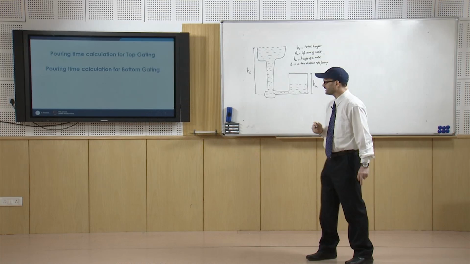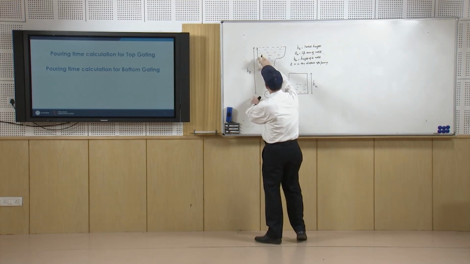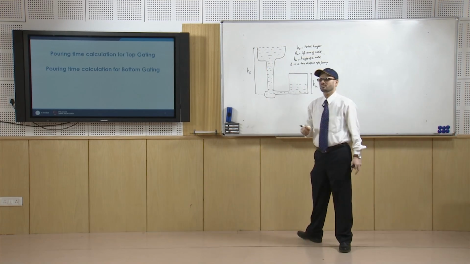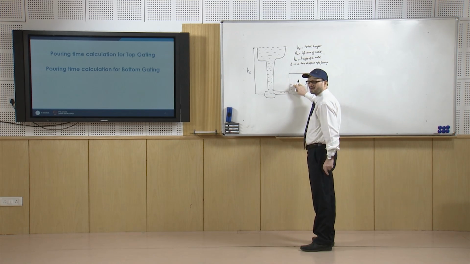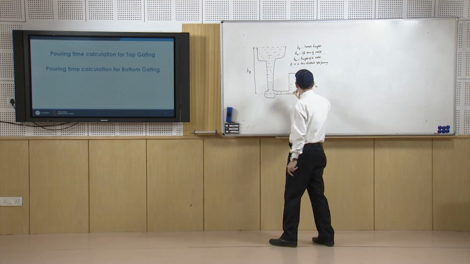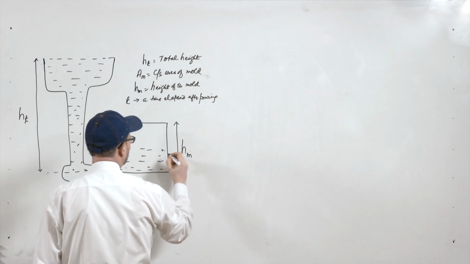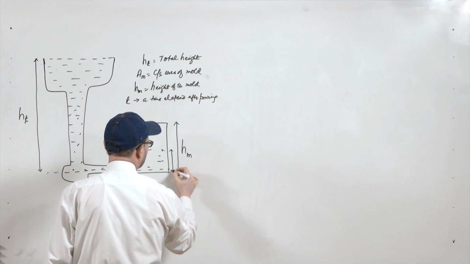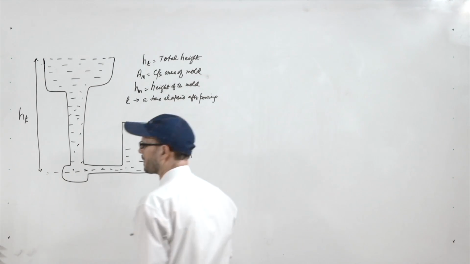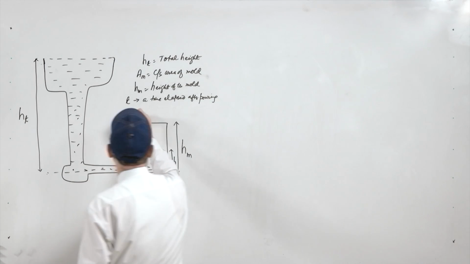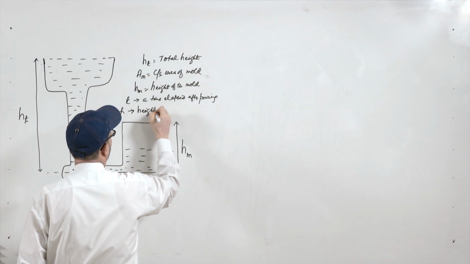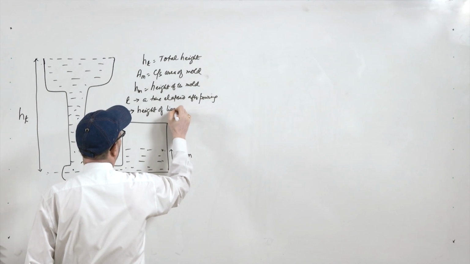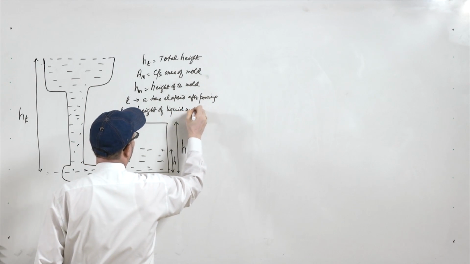Initially you have a head available equal to HT, whereas as it rises the head available will be HT minus H. Suppose you take this height as H, H is the height of liquid metal at time T.